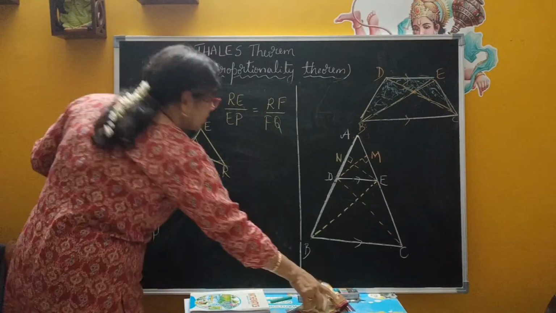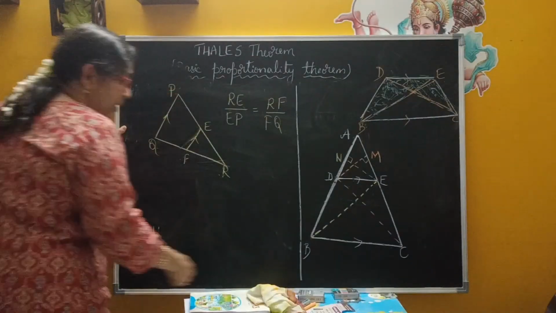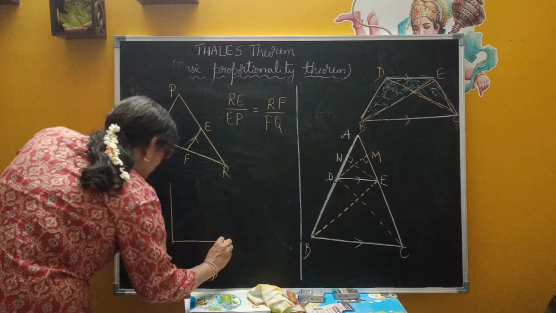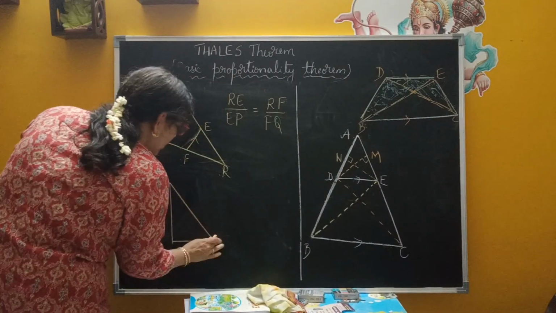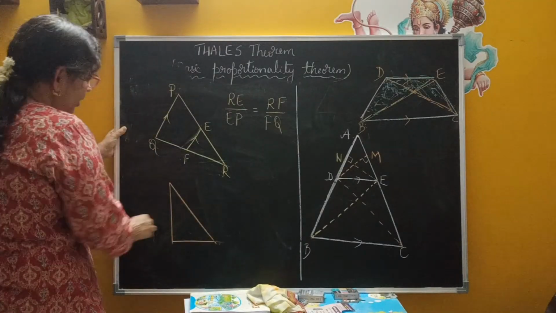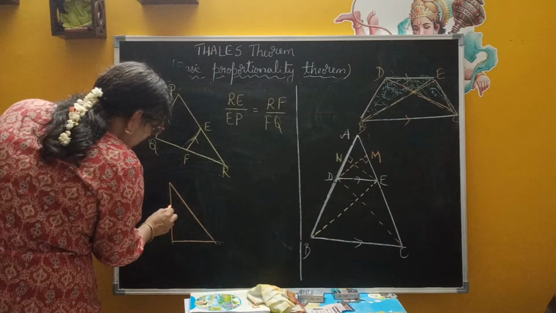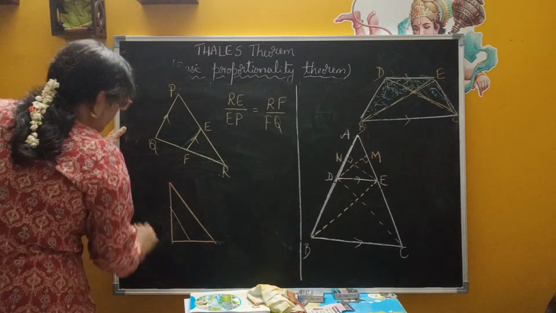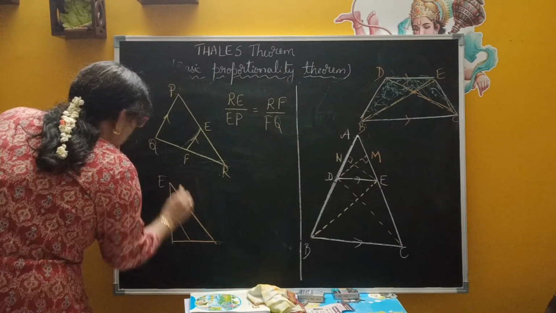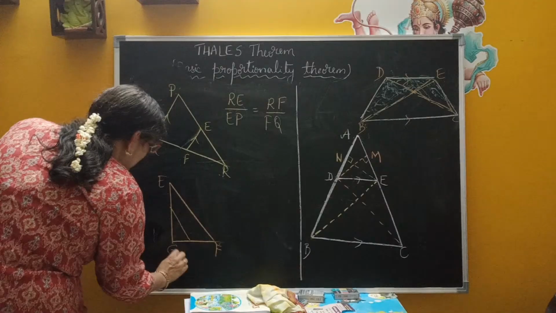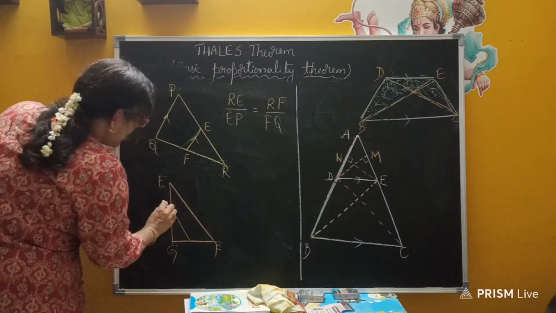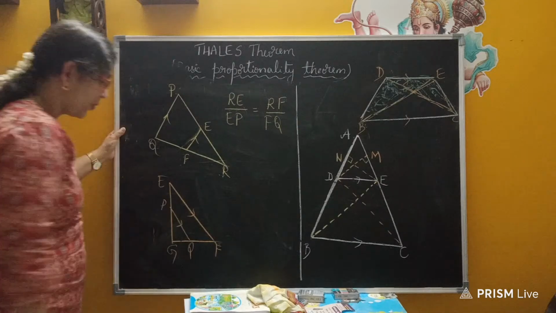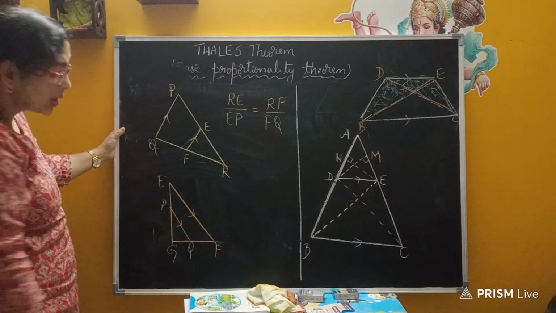Suppose we have a triangle like this, and here this is the parallel line. I name this EFG as the triangle, and PQ is parallel. Here PQ and EF are parallel. How can you explain Thales theorem for this?